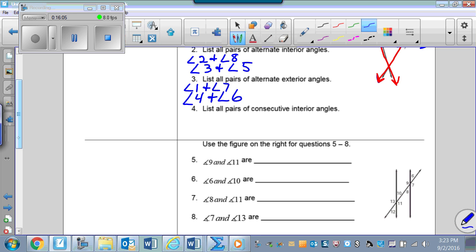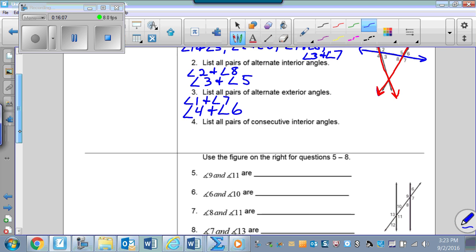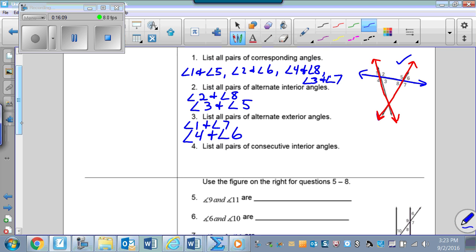List all pairs of consecutive interior angles. Lost my picture there. Or same side. Remember, consecutive interior or same side interior angles. That's going to give us angle 2 and angle 5, angle 3 and angle 8.